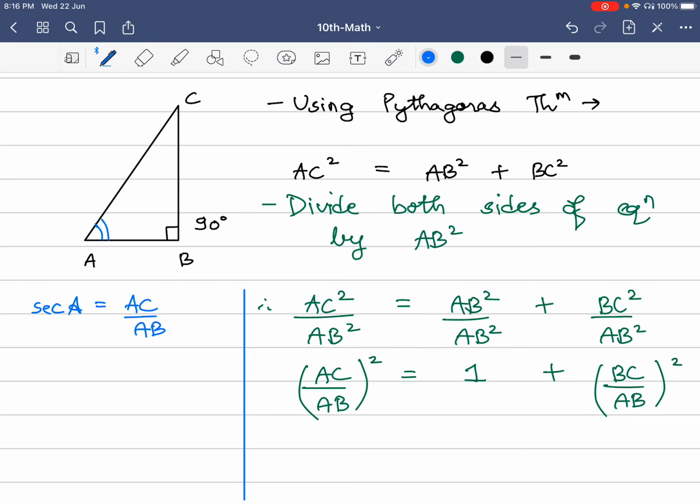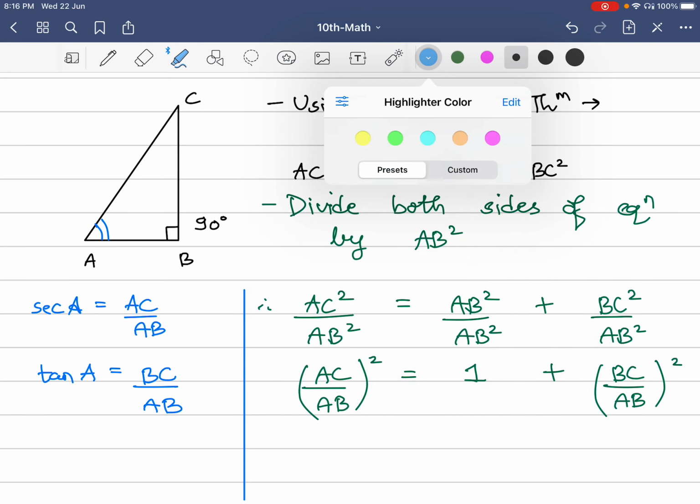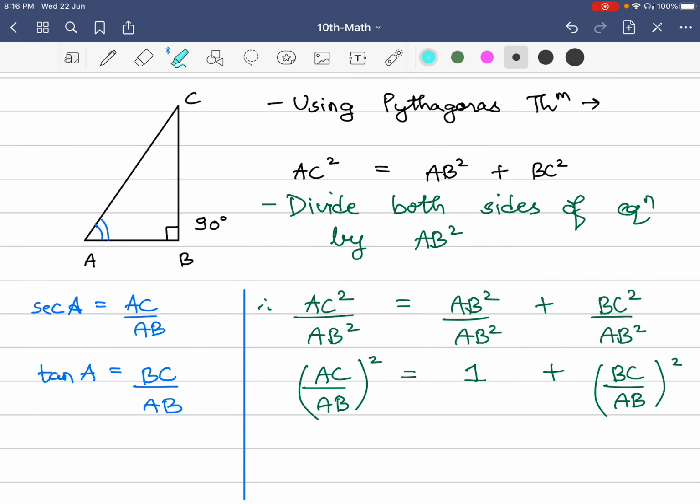And similarly, we have tan of A as equal to opposite BC divided by adjacent, which is AB. Once again, we have AC by AB, and we have BC by AB.